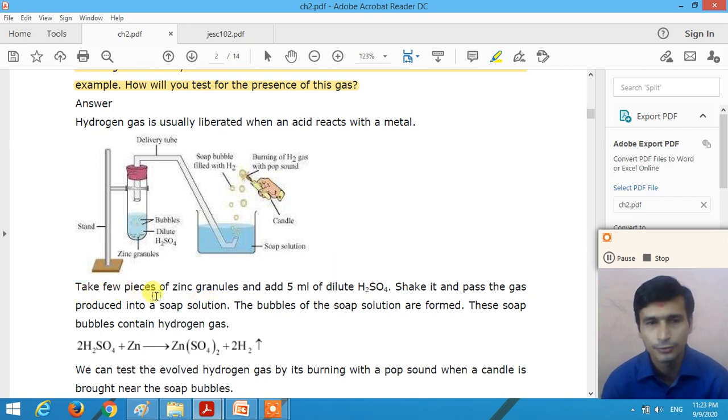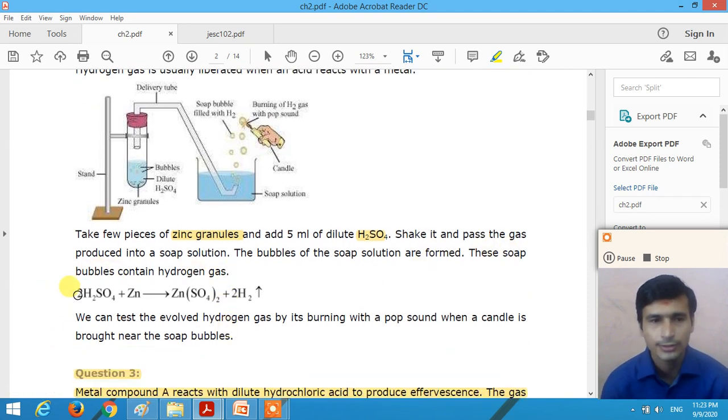So take a few pieces of zinc granules, that is the metal, and add 5 ml of dilute H2SO4, sulfuric acid. Shake it and pass the gas produced into a soap solution. Bubbles of the soap solution are formed, and these soap bubbles contain hydrogen gas. So when H2SO4, sulfuric acid, reacts with zinc, it produces zinc sulfate and hydrogen gas.